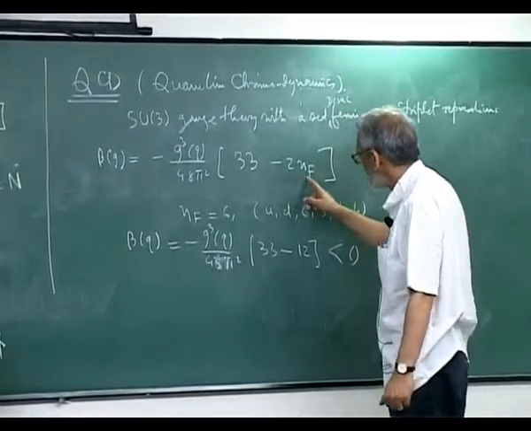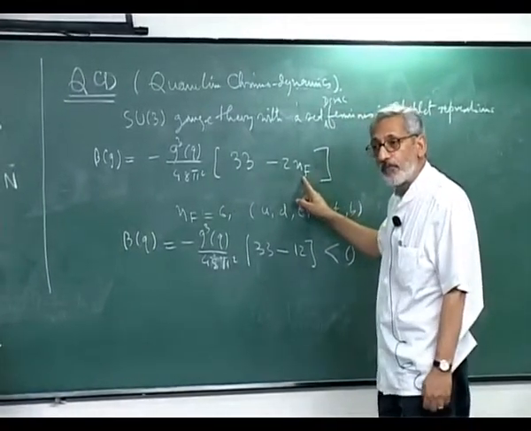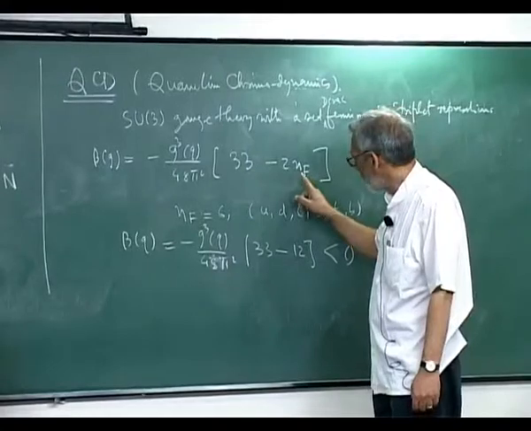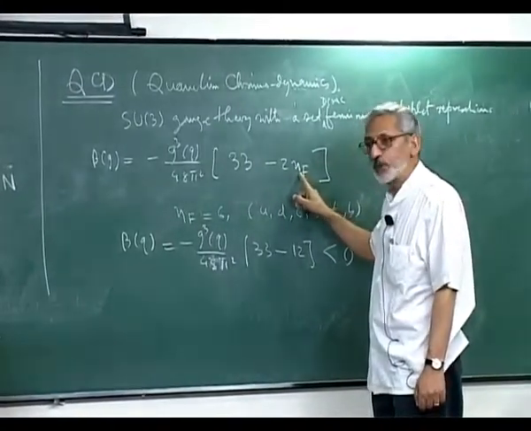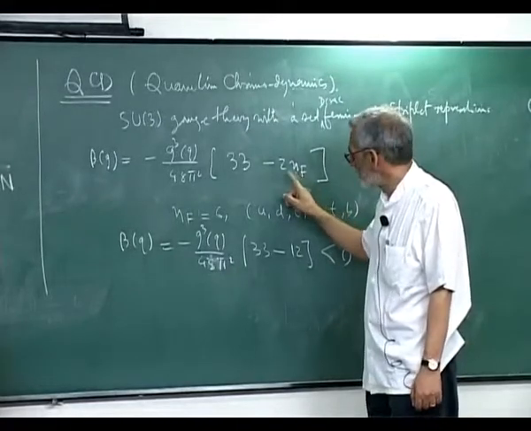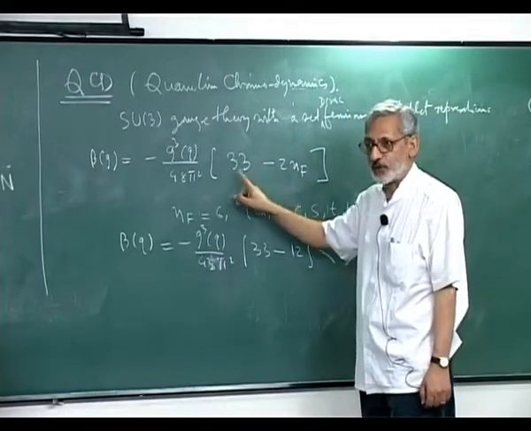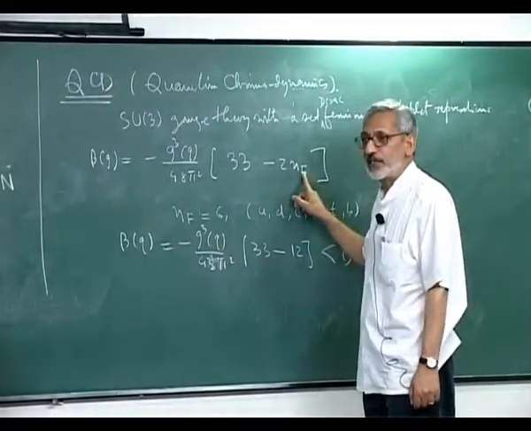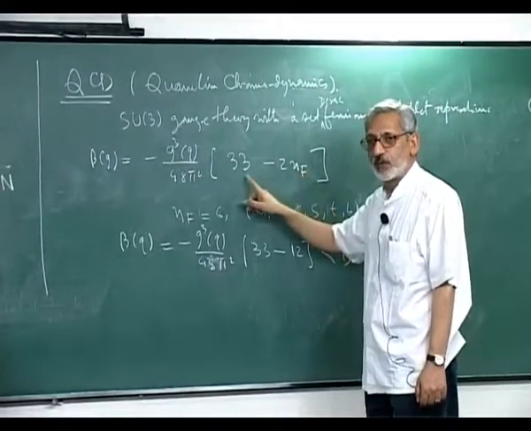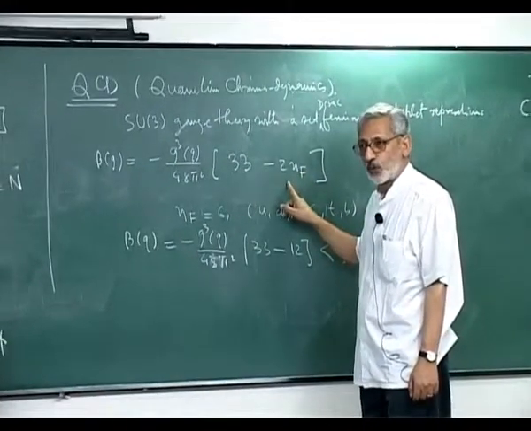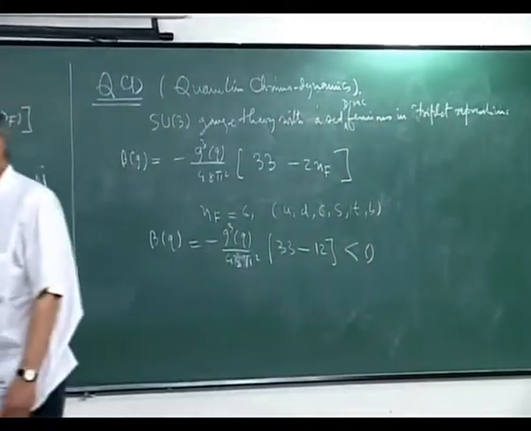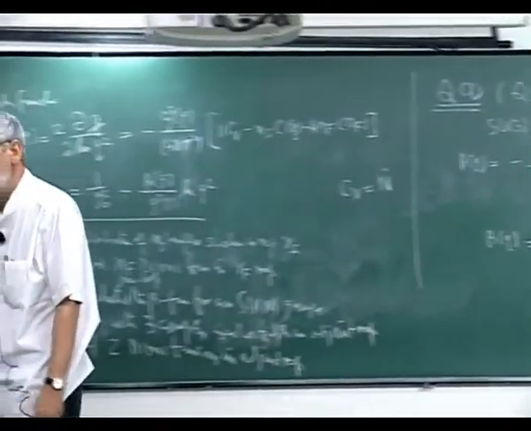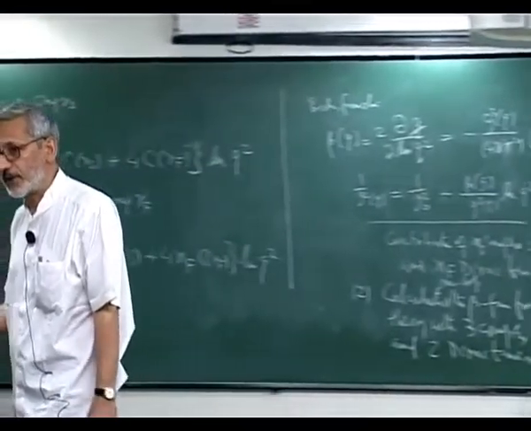From this formula, asymptotic freedom has an upper bound for the number of fermions. Because if I have N_F to be 16, that is still 32, that is smaller than this, so it is negative. But if I have more than 16 here, then it will change sign. So if in nature I had more than 16 colored fermions, then I would not have asymptotic freedom.